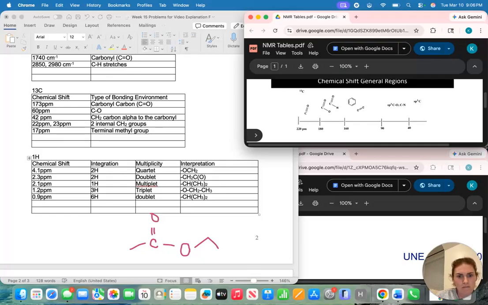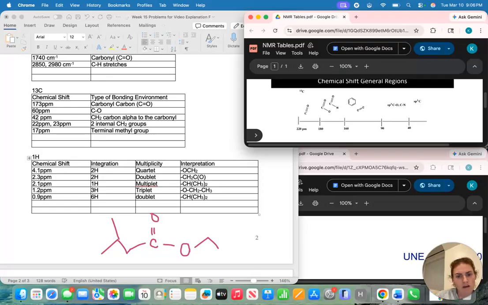a C, CH3, and a CH and a C, two CH3s. So that should equal 1, 2, 3, 4, 5, 6, 7 carbons.